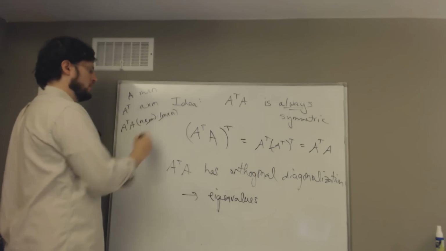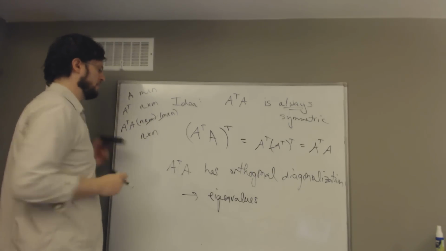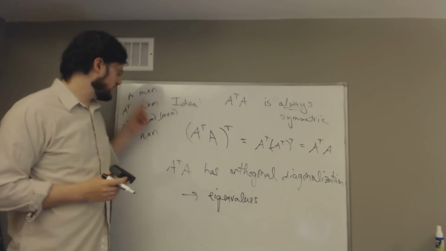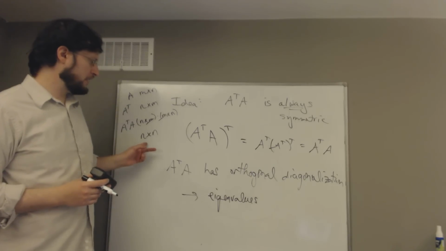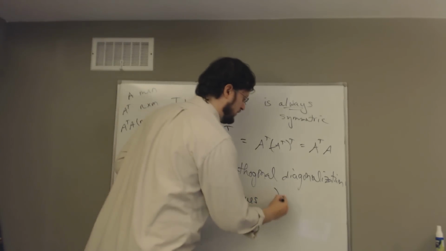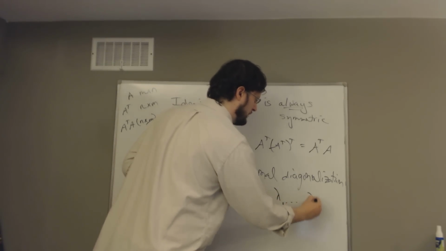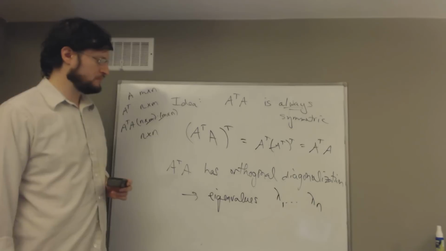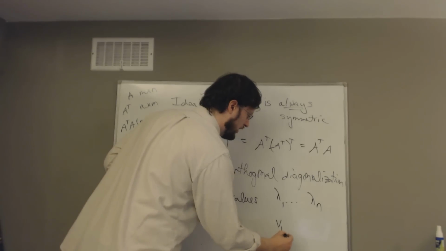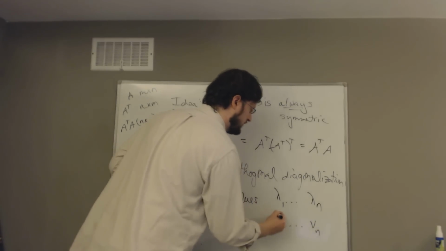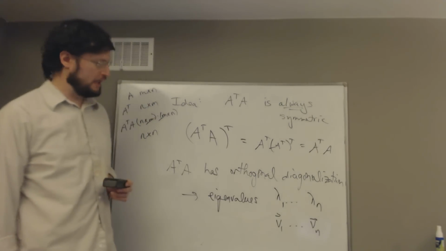Remember how this works. What we actually get is n by n back. So A transpose A is a square n by n matrix, which means that I'm going to get n eigenvalues, lambda 1 through lambda n, and corresponding eigenvectors v1 through vn in my orthogonal diagonalization.